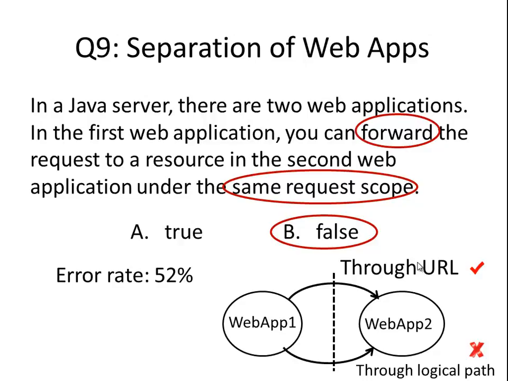Yeah. Because here the resources belong to 2 different web applications, and the Java EE specification requires separation of those resources. So you are not allowed to access a resource in a different web application in the same server through the internal logical path. Okay, so for that reason, the answer is B.